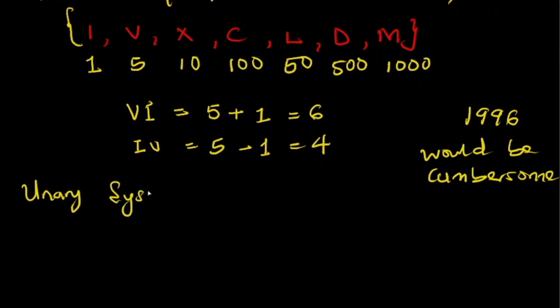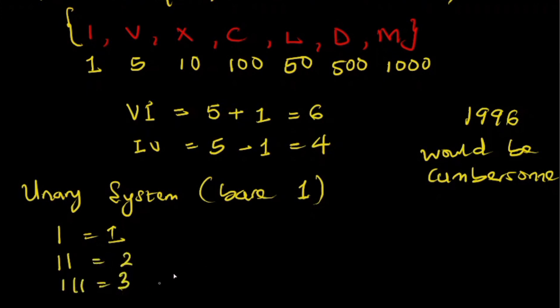And what was the unary system? It's a system in base 1. That means you just count in 1s, either using sticks or parts of the body, anything that represents 1. 1 represents 1. 1 1 represents 2. 1 1 1 represents 3. Six 1s represent 6.